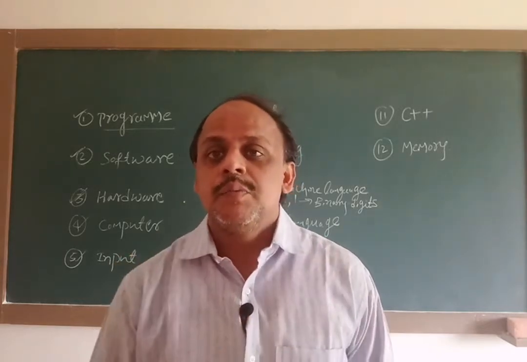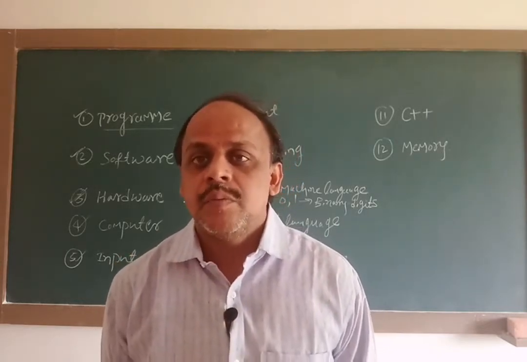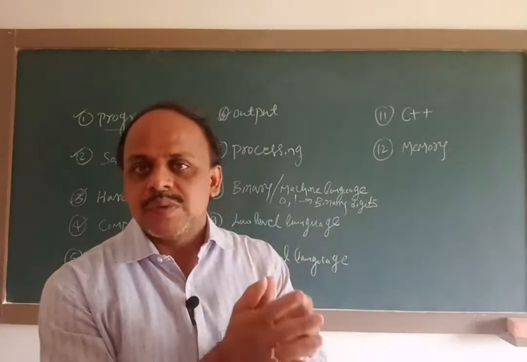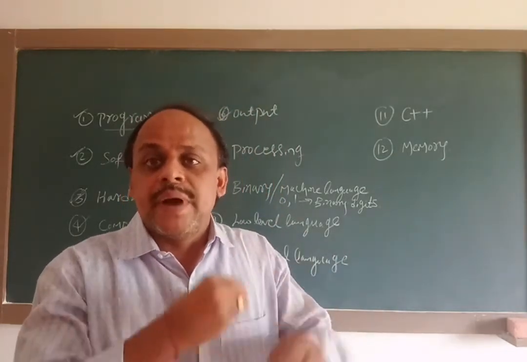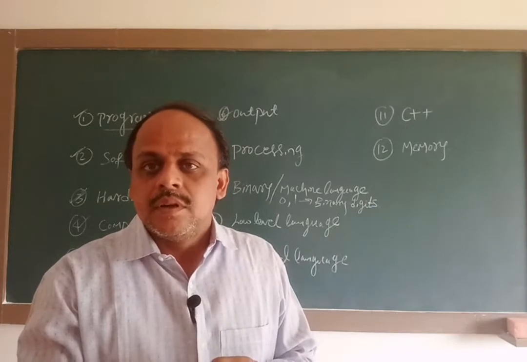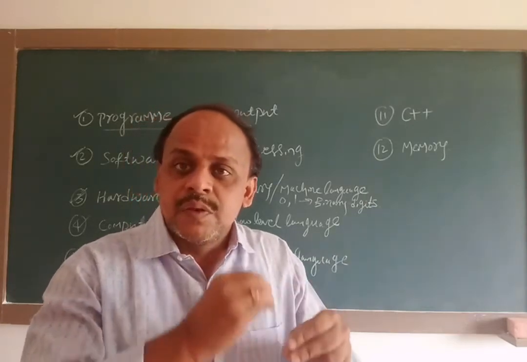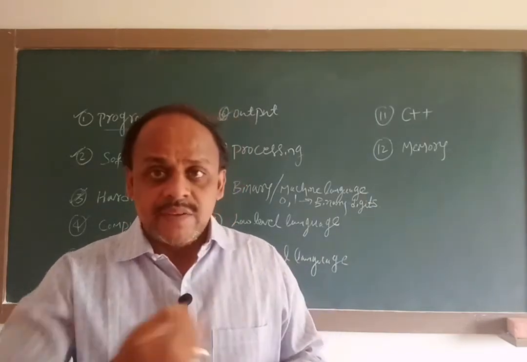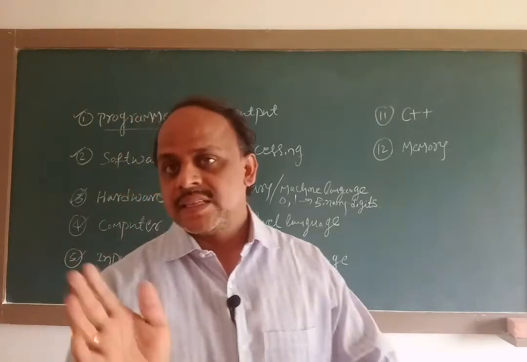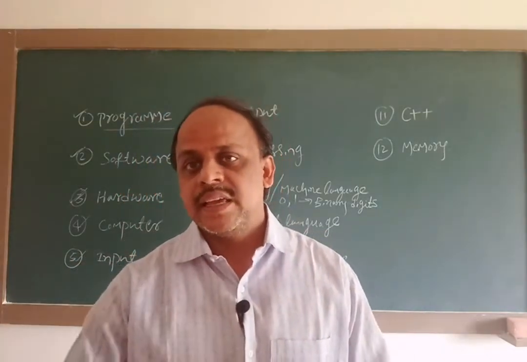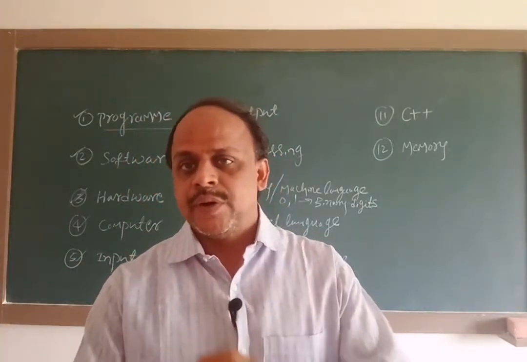The computer system understands only binary language, which is made up of 0 and 1. Whatever program we write is not binary language, because it is not in the form of 0 and 1.